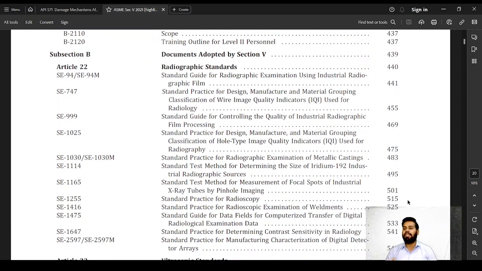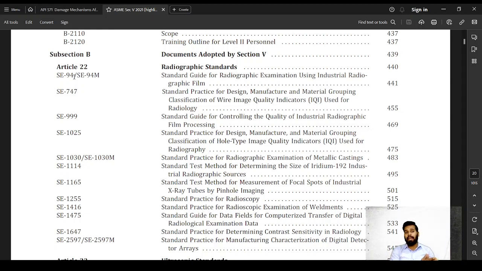Radiographic testing, we already know Article 2 is radiographic testing, but here you can see there is something known as SE 94. SE is ASTM E94. ASTM E94 is the standard guide for radiographic examination using industrial radiographic film. So if you're doing film radiography, then generally you'll follow the requirements of ASME Section 5 Article 2 plus the requirements of ASTM E94.